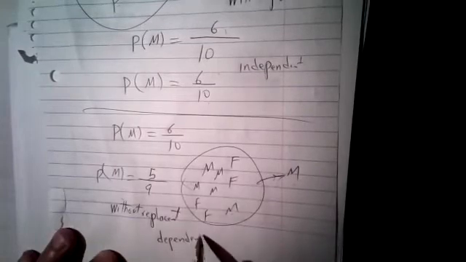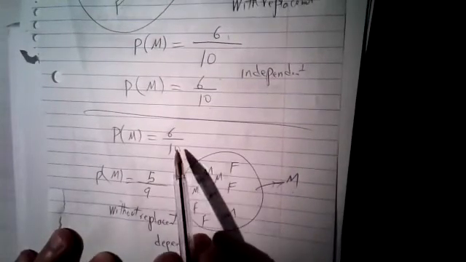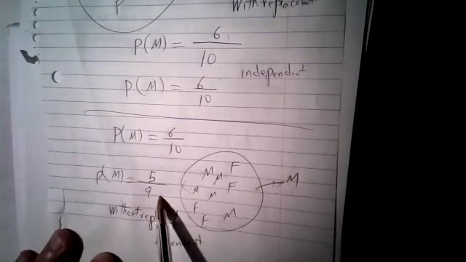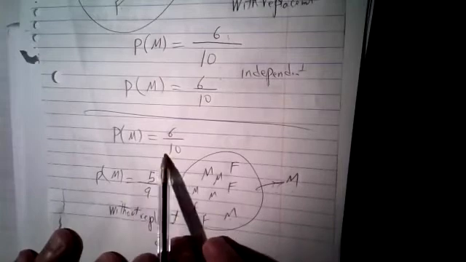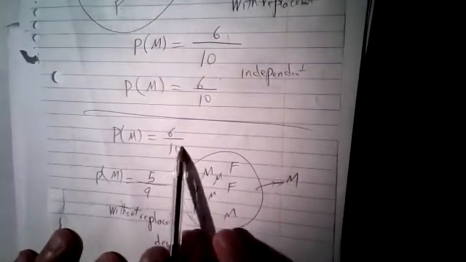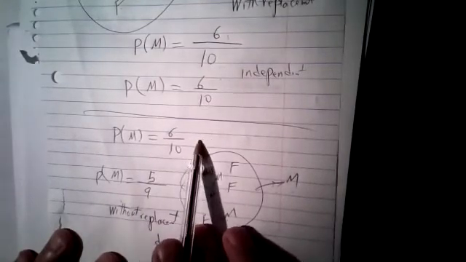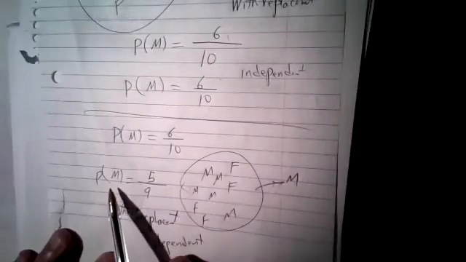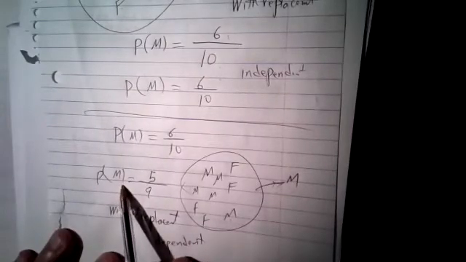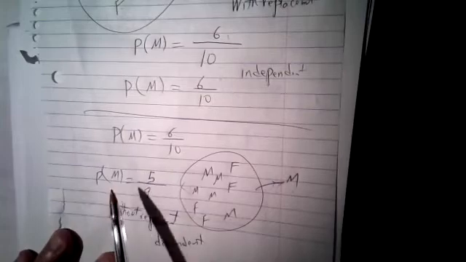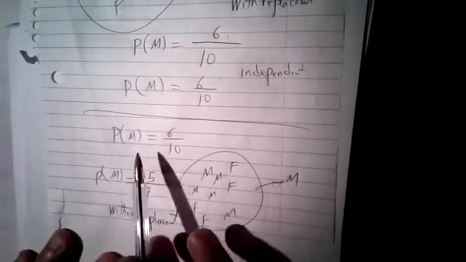Why? Because the first event impacts the probability of the second one. When we calculated the probability of male it was 6/10, but since this student stayed out, and we decide to take the probability of male again, this time it has changed. So the second probability is impacted by the first one.